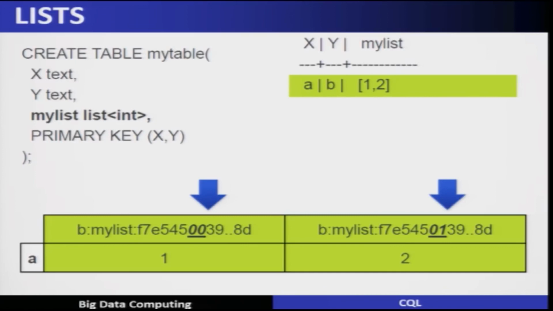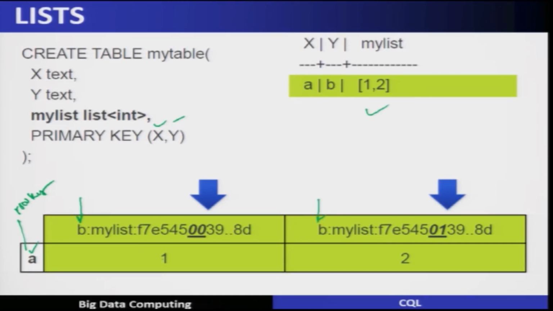So, this will be the internal mapping of the Cassandra sets. Another construct which is there in Cassandra is called a list. Now, let us see the example of a list. Here the elements of the list may be repeating also. So, the primary key is x and y. Here A will be the row key, and the other key will be B, which will be there on the column.